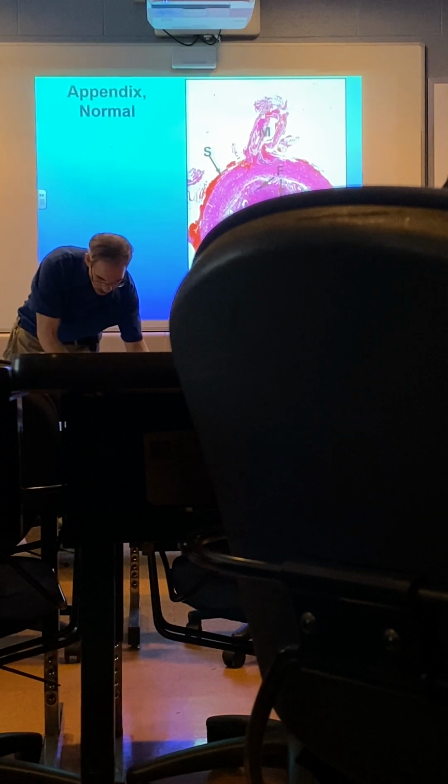That's perfectly normal mucosal associated lymphoid tissue, normal inflammation. Okay? That's what the normal distribution of inflammation in the appendix should look like. So how do you identify abnormal inflammation of the appendix? To make your histologic diagnosis of appendicitis, you look at the distribution of the inflammation.